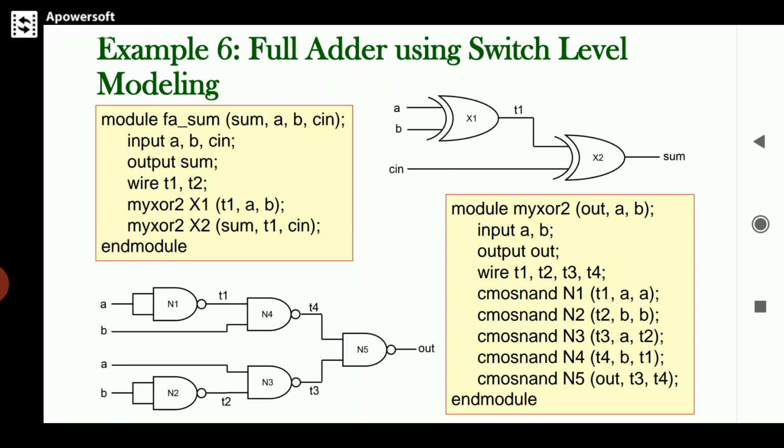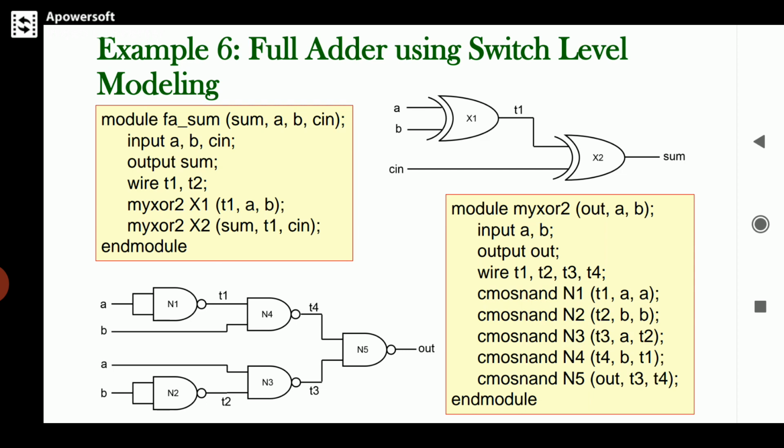Now let's see how to implement the sum part of the adder. As shown in the presentation, in the left hand side code at the top level, some logic is implemented using 2 XOR gates, X1 and X2, whose netlist or circuit is shown at the right hand side.